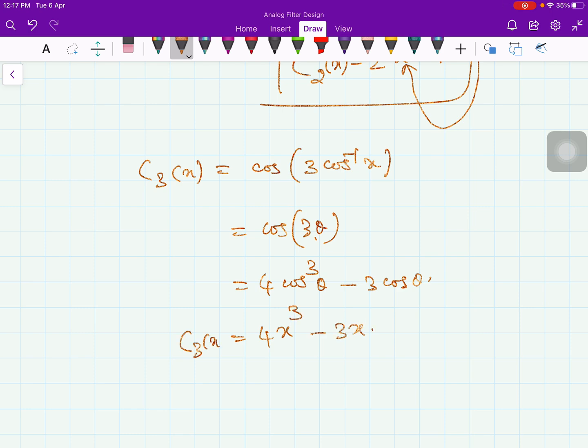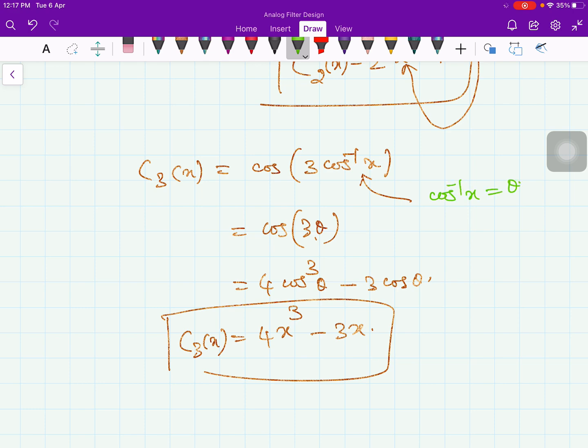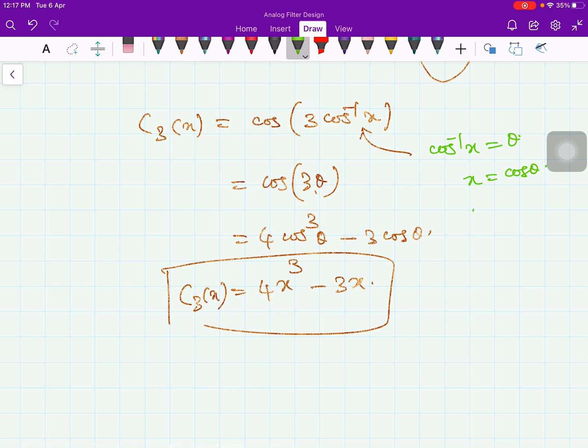This is C3 of x, because here we substituted cos inverse x equal to theta, x equal to cos theta, so cos cubed theta equal to x cubed, that's it.